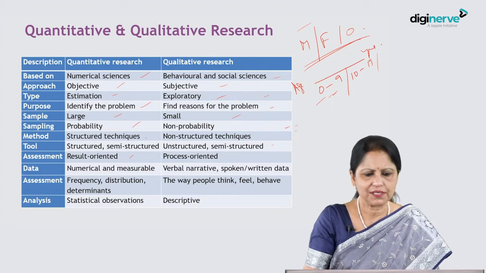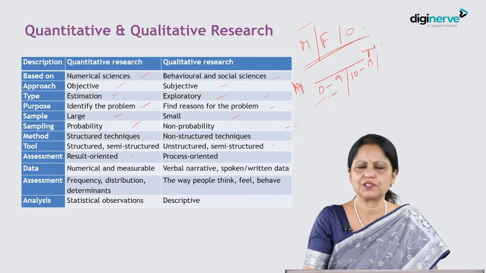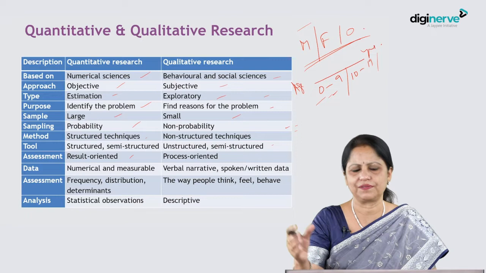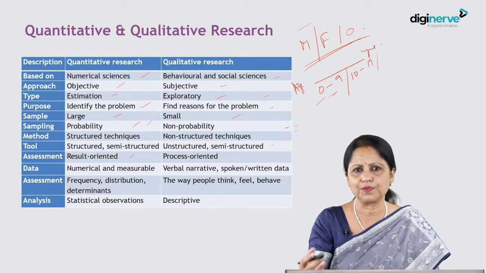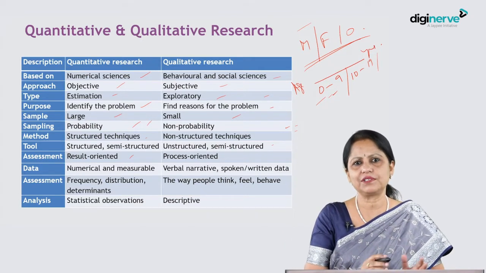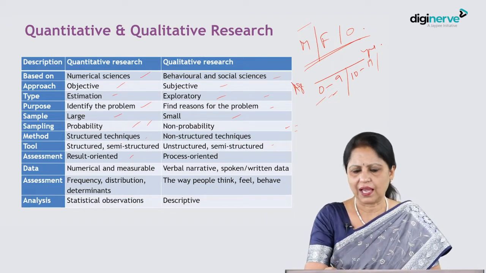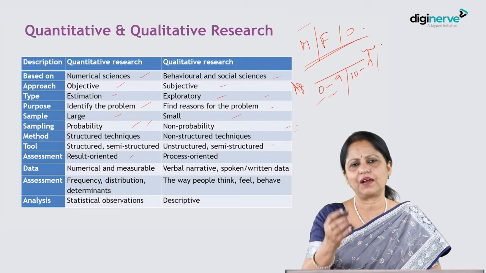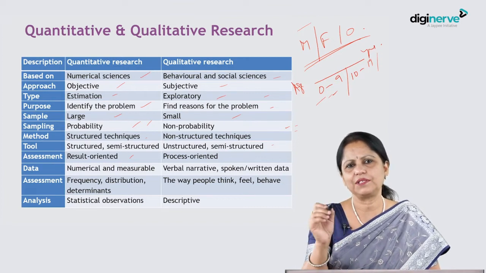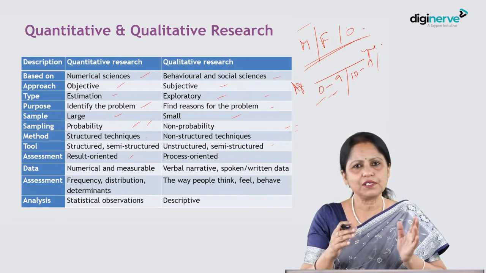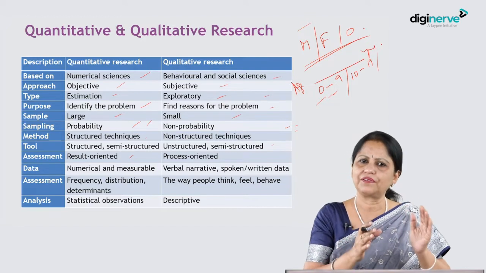Then assessment for quantitative is result oriented. Finally we have to identify the estimation, the result. We focus more on that. In qualitative research, it is the process which is very important. We identify in the process, and for the data collection, we have a topic outline guide. That means some questions are there, but it is not so hard and fast that we have to stick to it.